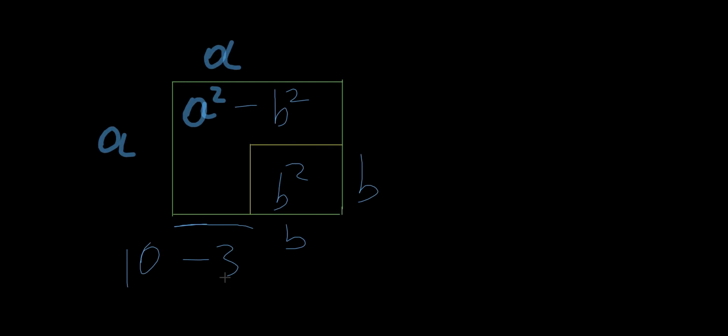I would subtract 3 from 10 to get only this part, because from here to here is 3, and from here to here is 7, just for argument's sake. So we subtract that part from the whole to get that part only. And so this part would actually be a minus b. And so we're on our way.